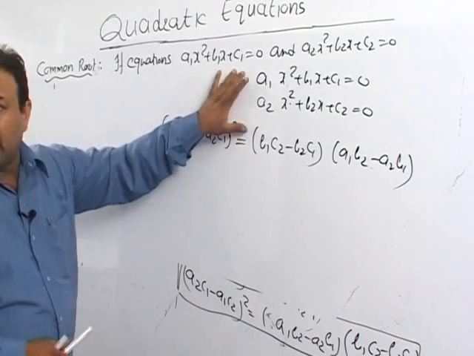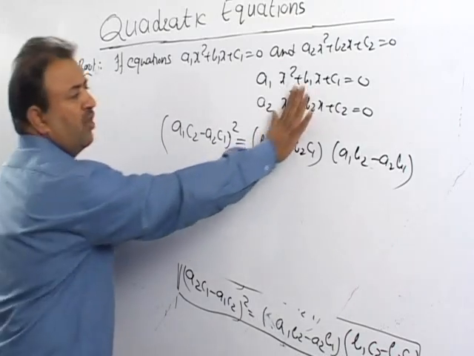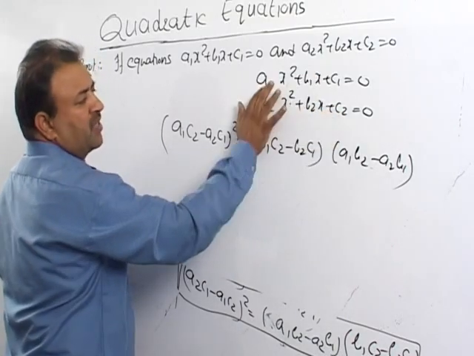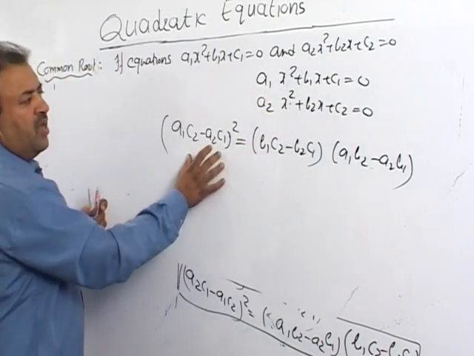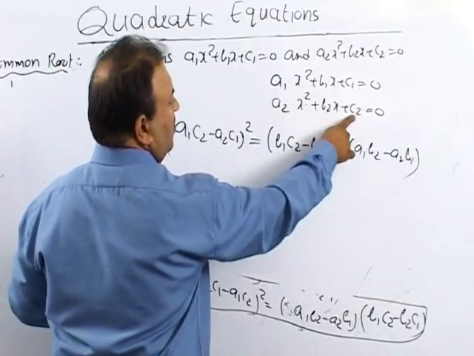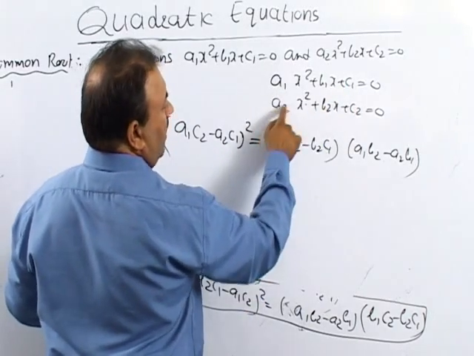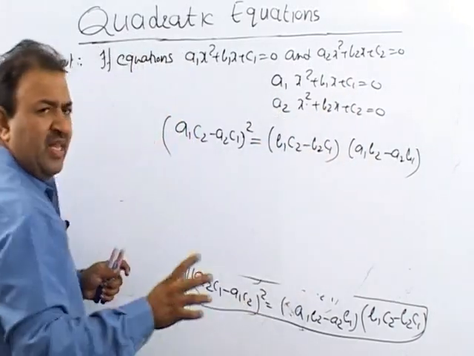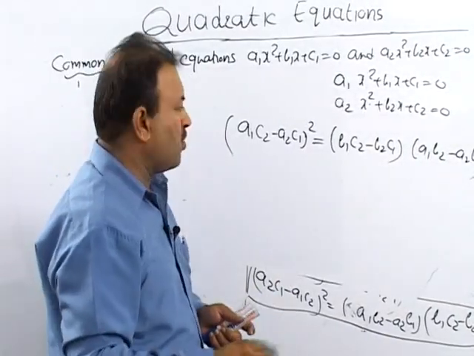This is an important part, we are going to apply it in most of the questions. First, leave the middle term and use the cross multiplication method: A1 C2 minus A2 C1 the whole square equals B1 C2 minus B2 C1 into A1 B2 minus A2 B1. So very simple, we can apply it and our problems will get solved.